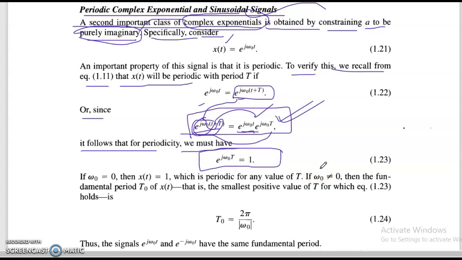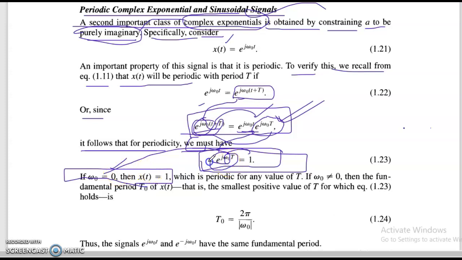It follows that for periodicity we must have e power j omega naught T equal to 1.